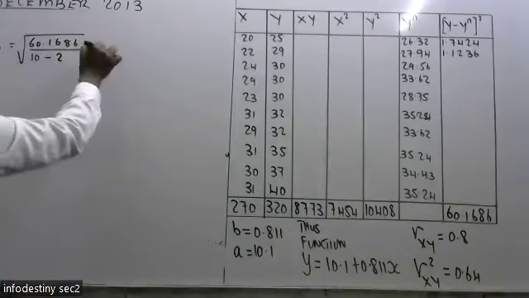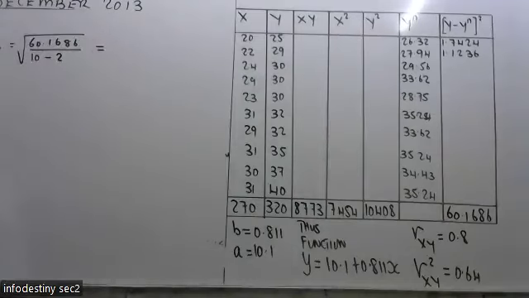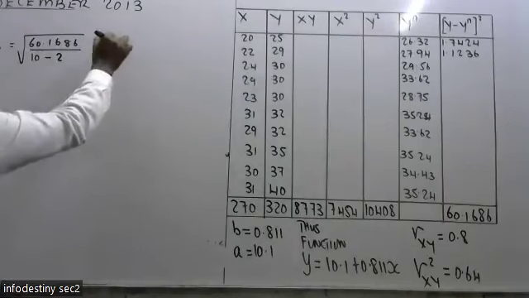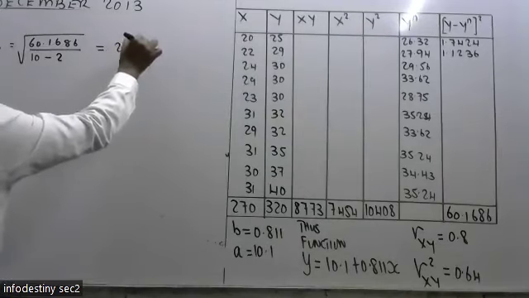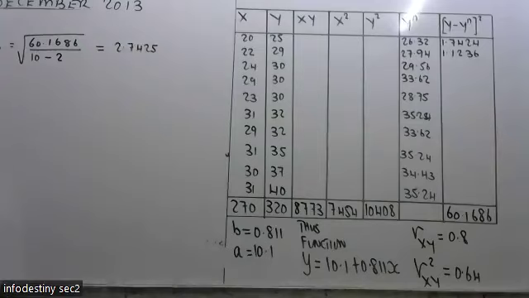So you get the square root, which is 2.7425. So that is the standard error. That was the answer for Roman 4.